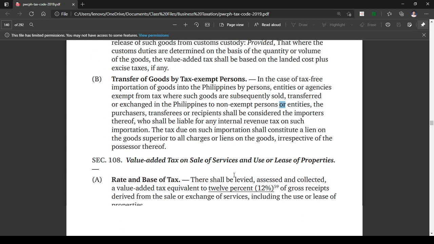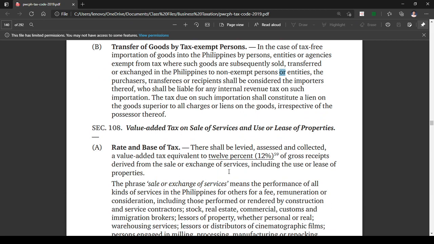Okay? So yun yung sinabi ng tax code natin for the importation of goods. So let's move on to section 108, which is value added tax on sale of services and use or lease of property. So ano na tayo? Sale of services na tayo or service business na tayo.